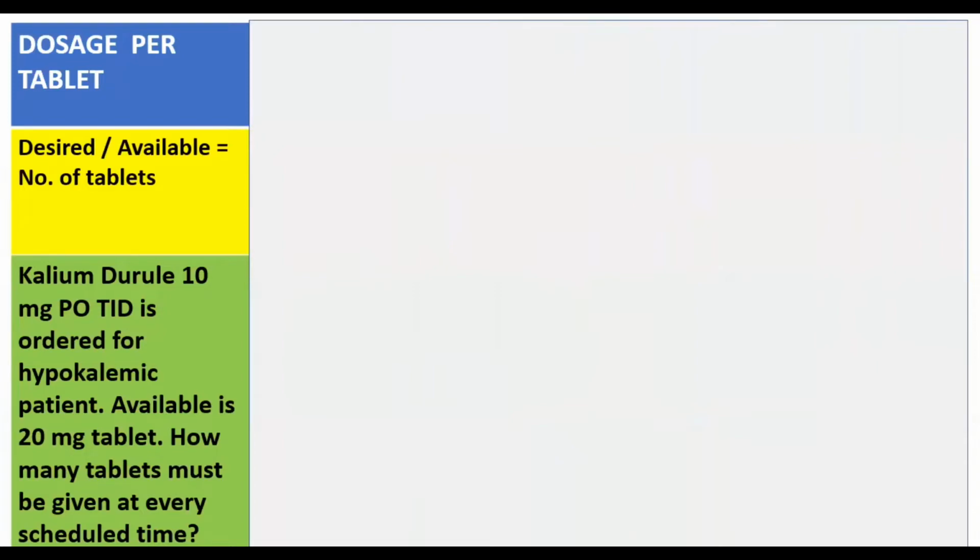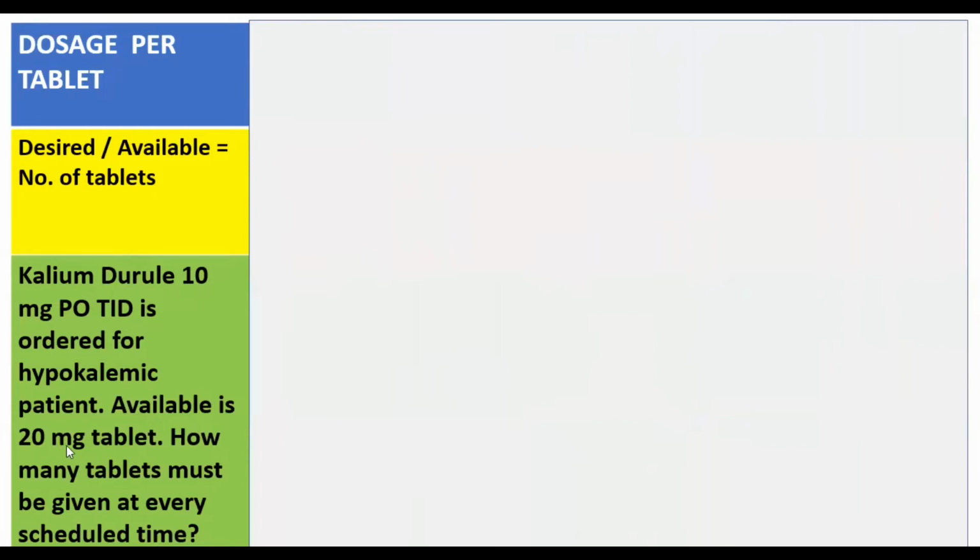To give us some examples, for dosage per tablet, this is calculated using the formula desired divided by available, equals the number of tablets. One example: given the order Kalium Durules 10 milligrams per orem 3 times a day is ordered for a hypokalemic patient.